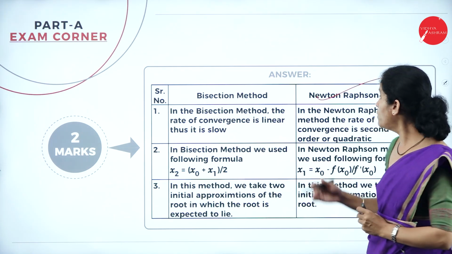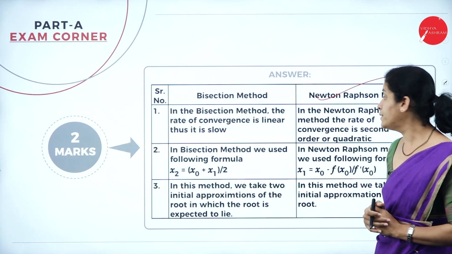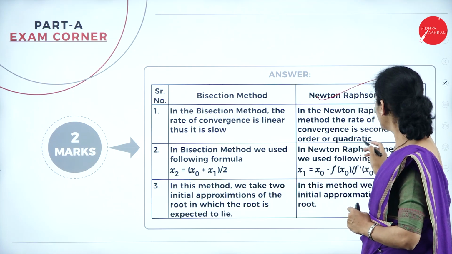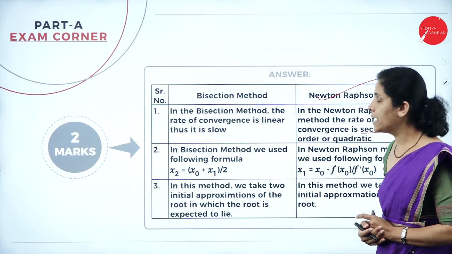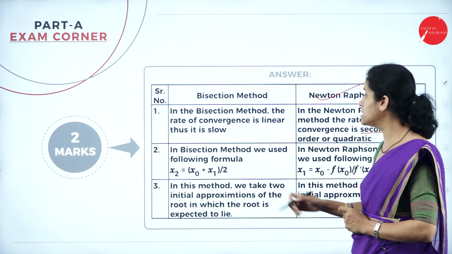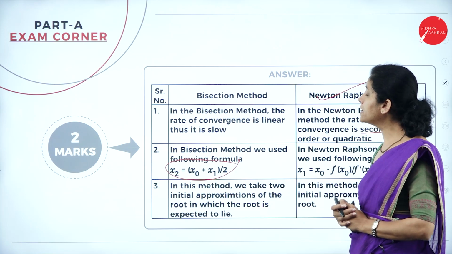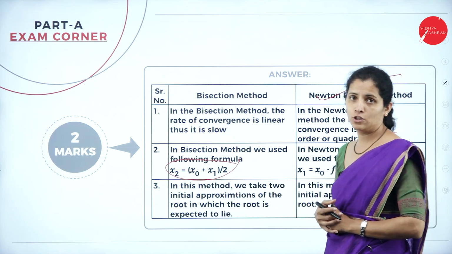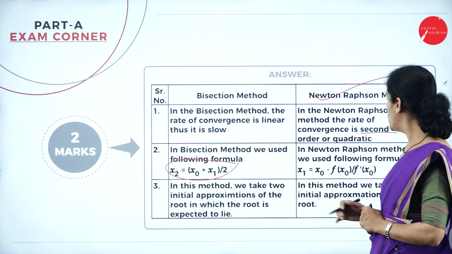So what about Newton-Raphson? Here the rate of convergence is quadratic or second order, and I am able to write the difference in terms of formula. If I consider bisection method, I have the formula (x0 + x1) / 2.